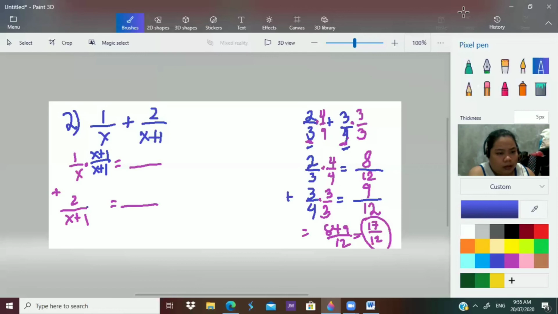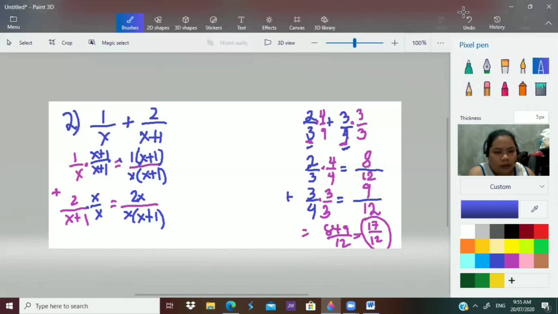Ito naman, 2 times x over x. So yun kasi yung partner niya sa kabila, x. Ito, x plus 1. So multiply natin. So pag times natin, you have 1 times x plus 1, x times x plus 1. So ito, magiging 2x. Ito magiging x times x plus 1. So parehas na ngayon ng given.